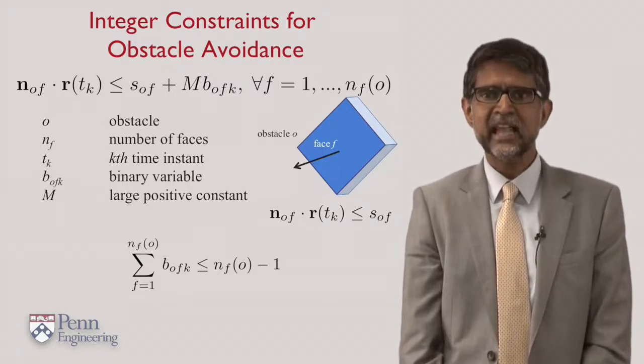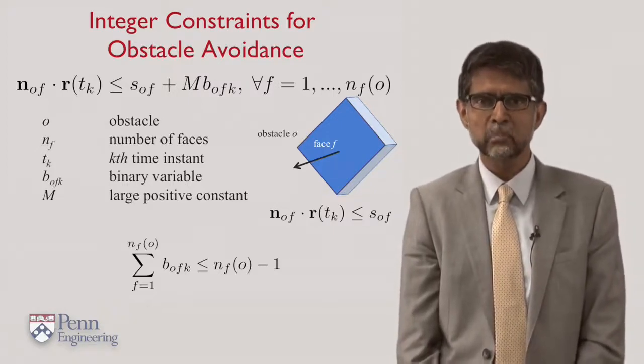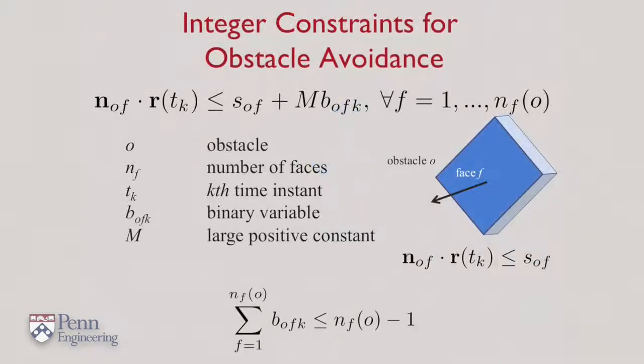That fact is captured in the inequality at the bottom of your screen. If there are n sub f faces, we want to make sure that at least one of these binary variables is 0. And that is captured in this inequality.